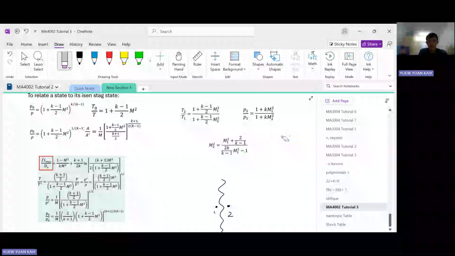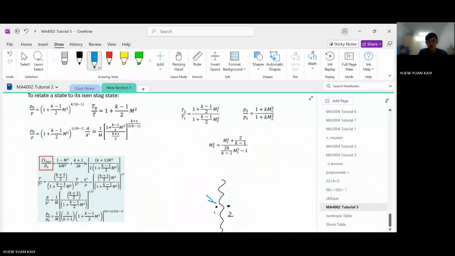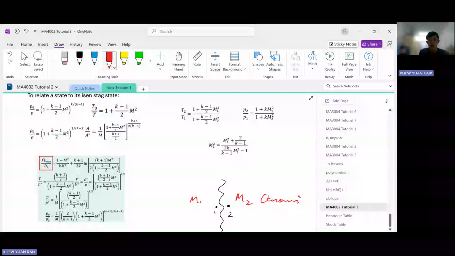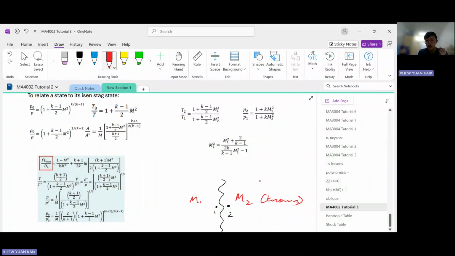If you know the value of one Mach number, let's say you know that M1 is 1.5, then you can use this formula to calculate M2. Very simple. Once you know either of the Mach numbers, you can find the other. And once both M1 and M2 are known, if you are given a condition on one side of the shock, you are able to calculate the condition on the other side of the shock.